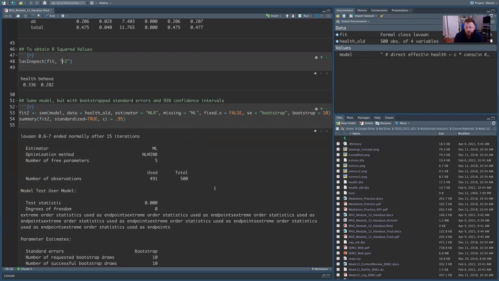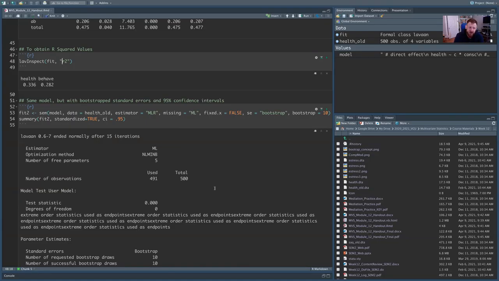The current state of the art in the field is that a bootstrapped estimate of the indirect effect or the indirect paths is probably the best way to go. It's least vulnerable to bias due to small sample and other things.